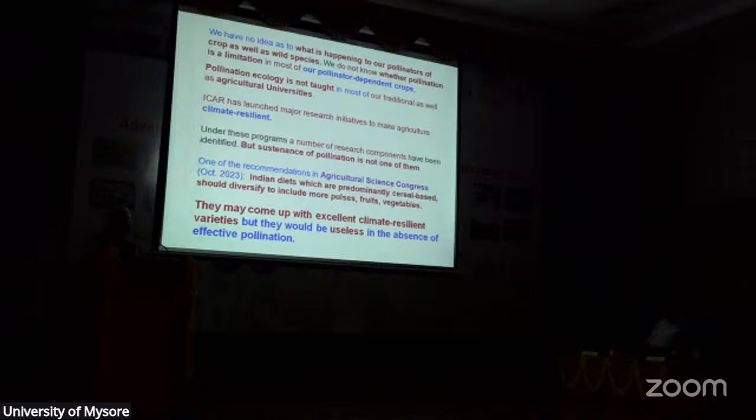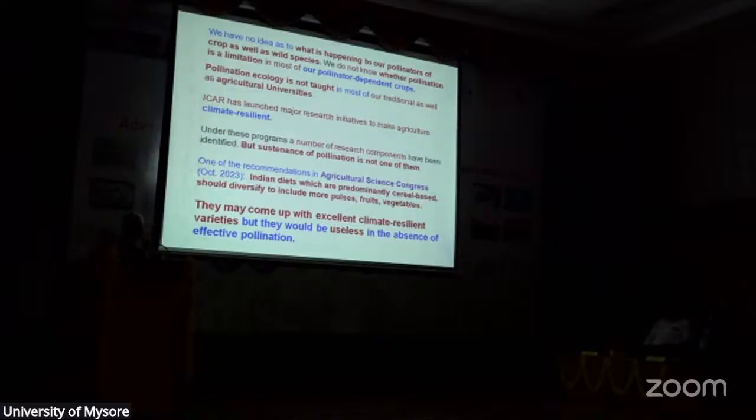Now ICAR has launched a major research initiative to make agriculture climate resilient. Under this climate resilient agriculture program, a number of research components have been identified, but sustenance of pollination is not one of them.